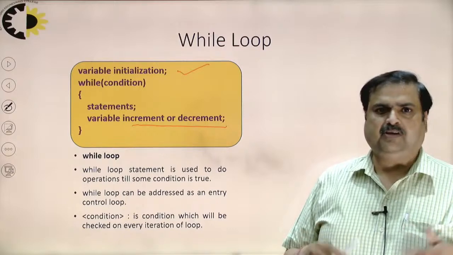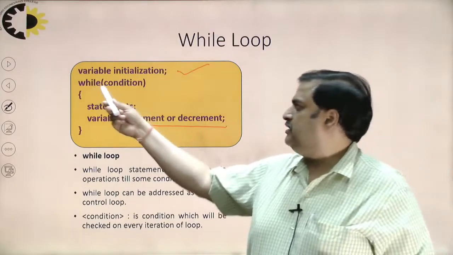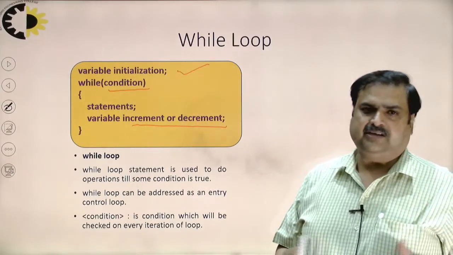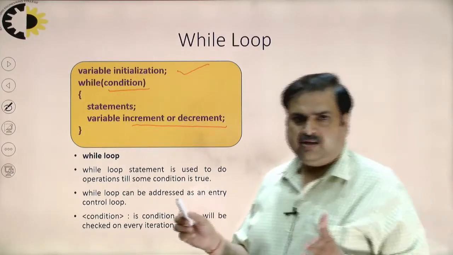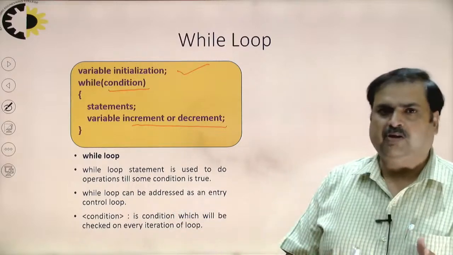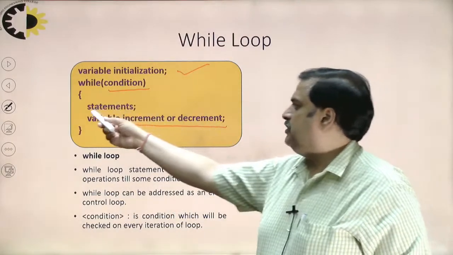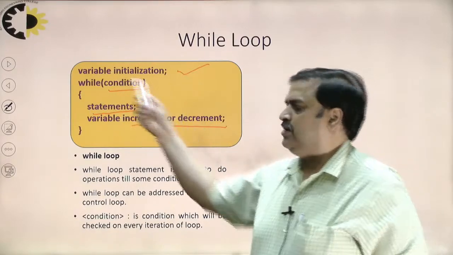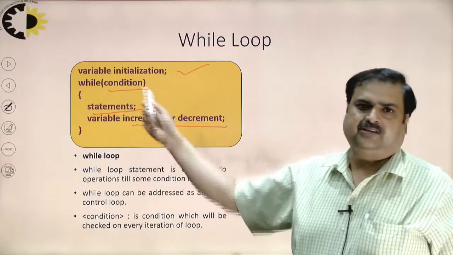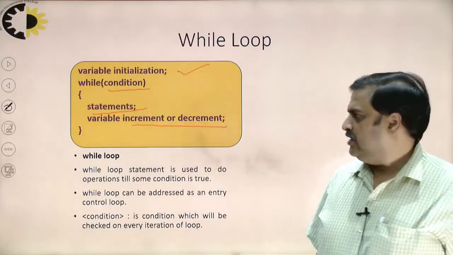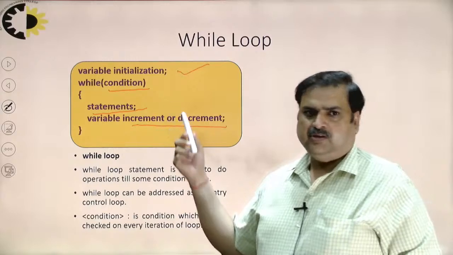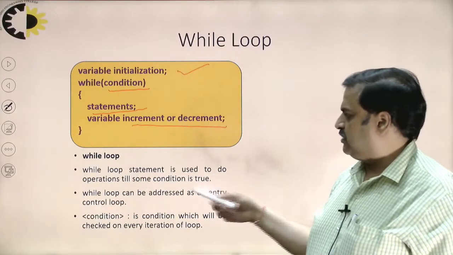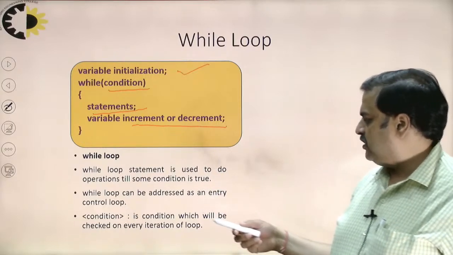For has 3 parts, while has only one part, that is the condition. We write some statements and manipulation of the variable which controls the exit of the while loop. So this is the syntax for the while loop, used for operations while some condition is true.